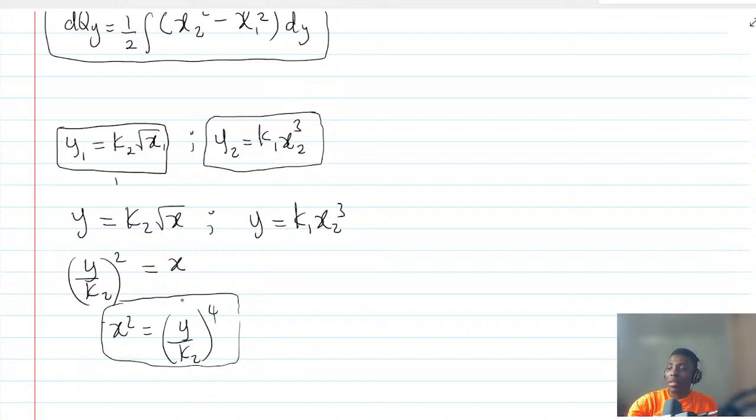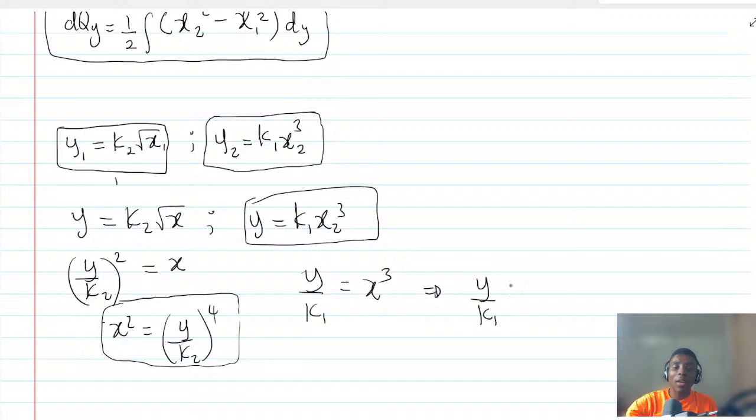Now, we know that y over k1 is what? x cubed. But we want x squared. So we can say that y over k1 is the same as x squared multiplied by x.